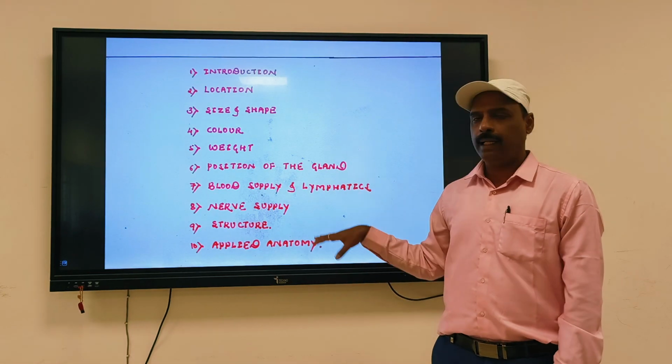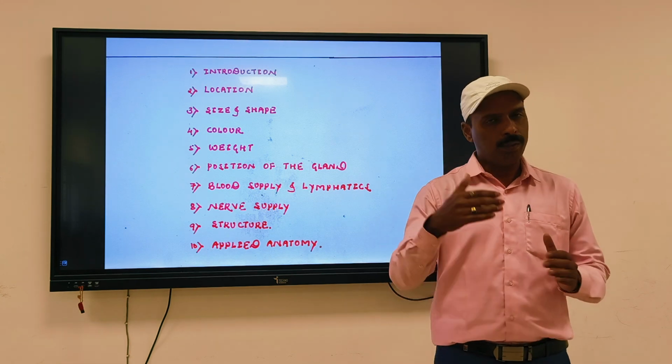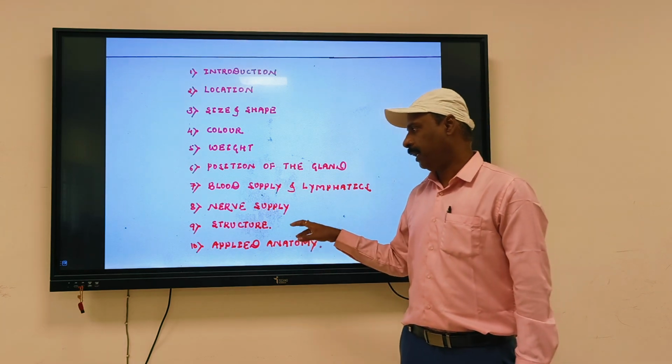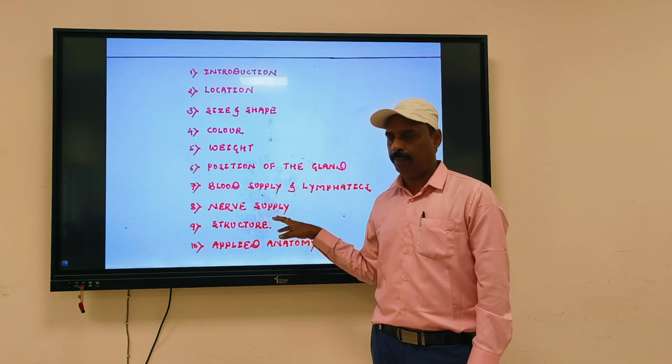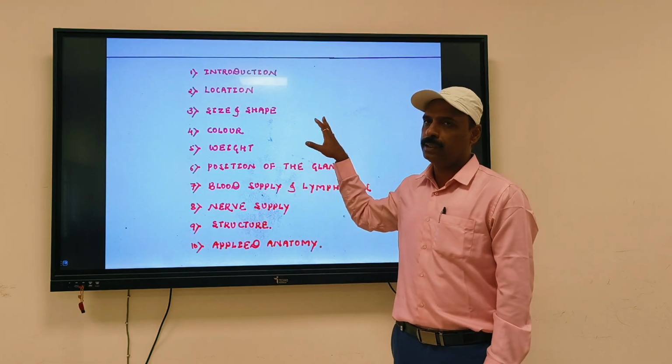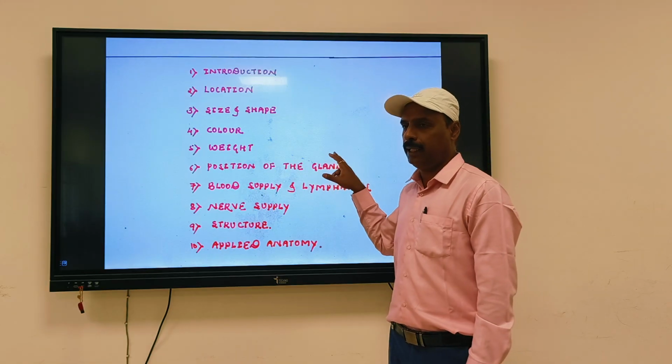So these are the 10 heads we are going to cover for the parathyroid gland. More detail about the structural and functional part is done in physiology. The important part is the anatomy of the parathyroid, which we are going to deal with under these 10 headings.